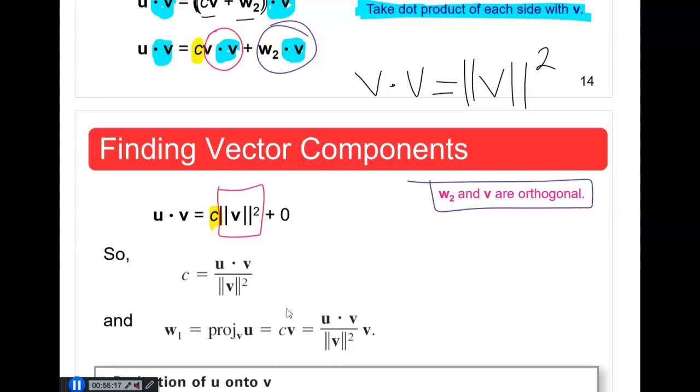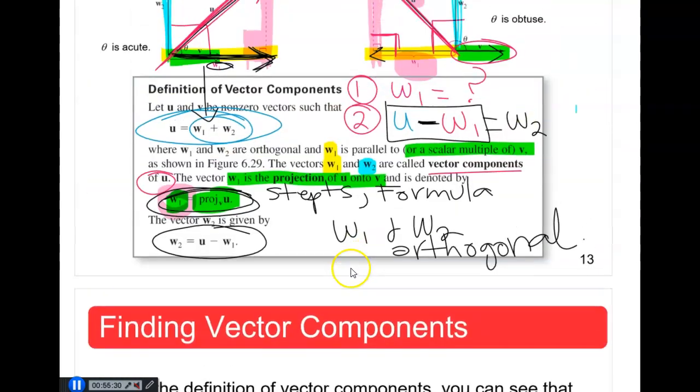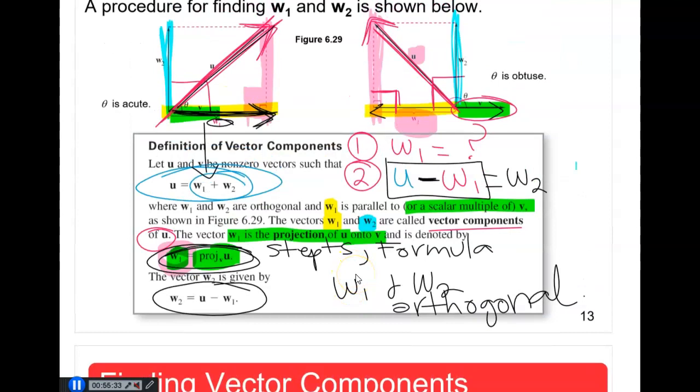Remember, if they are orthogonal, it means that the dot product of those two is equal to 0, and that is because the angle in between them is a 90-degree angle. So let's see if we can see that from here. I know I have a lot of stuff written down, but if you look at vector W sub 2 here in blue, and then vector V here, you can see perfectly that there is a 90-degree angle there. That's why those two are orthogonal.